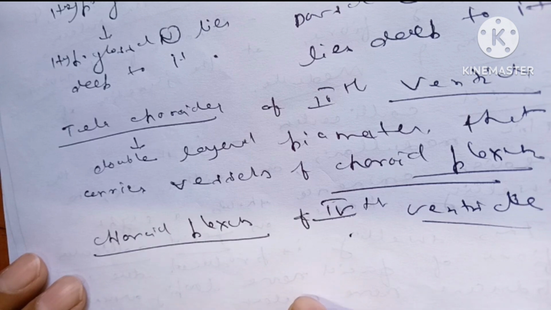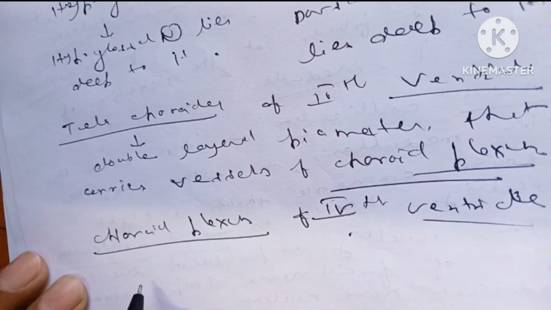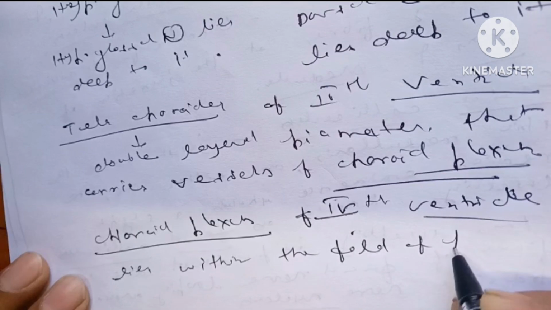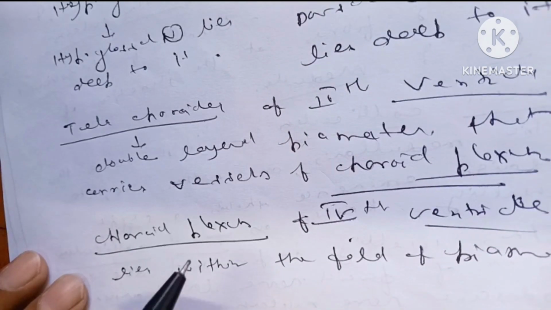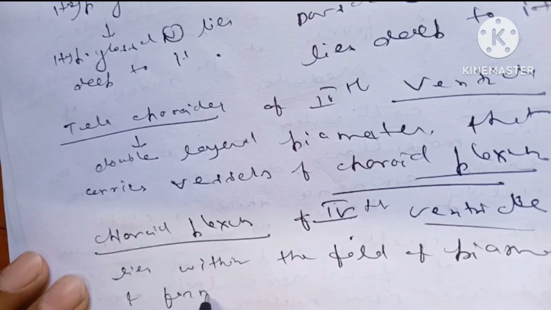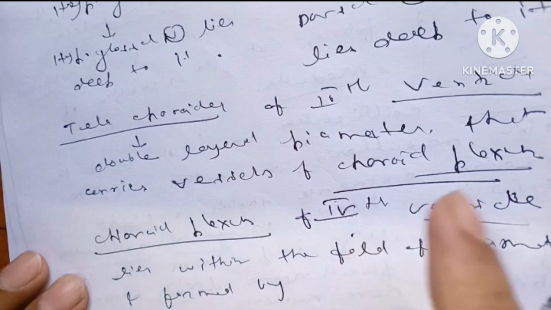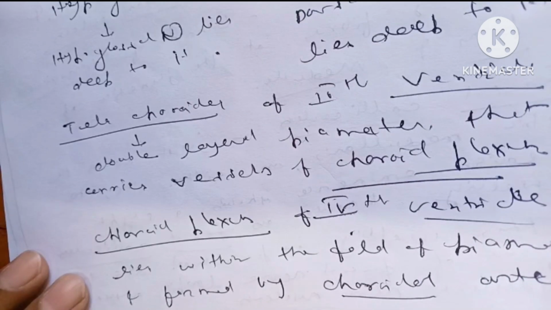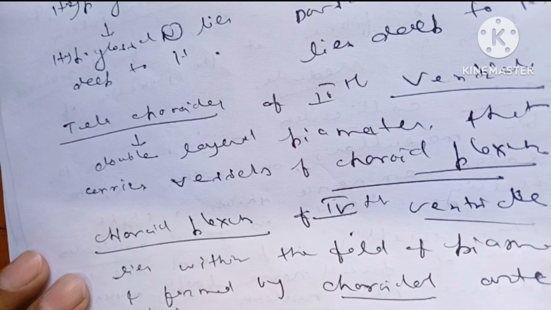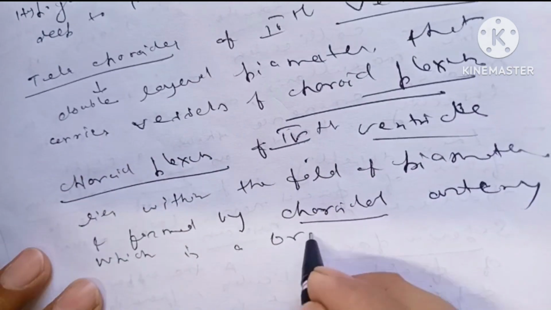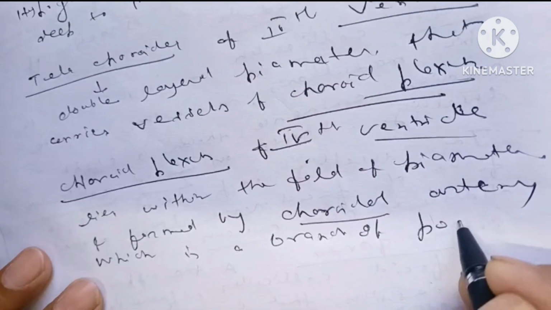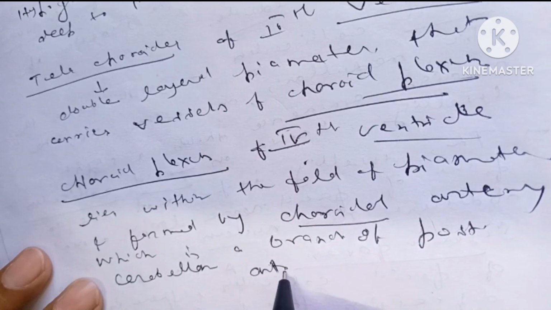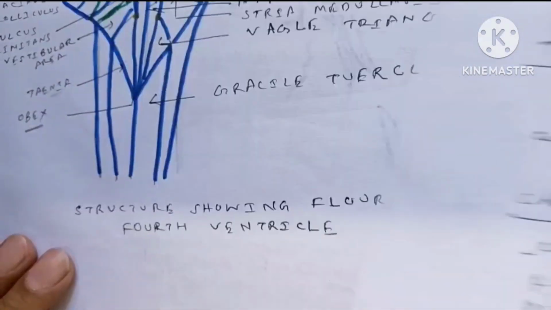It lies within the fold of pia mater, the tela choroidea, and is formed by the choroidal artery, which is a branch of the posterior cerebellar artery. That is the choroid plexus.